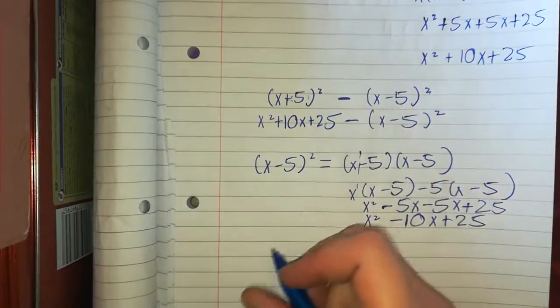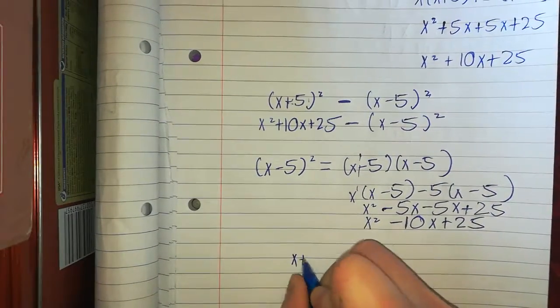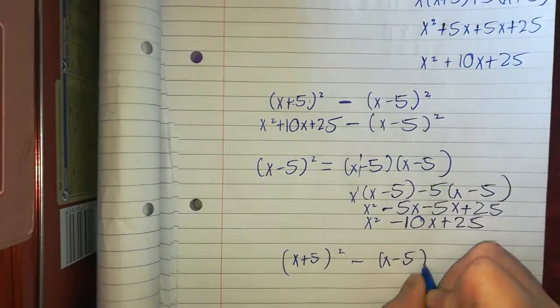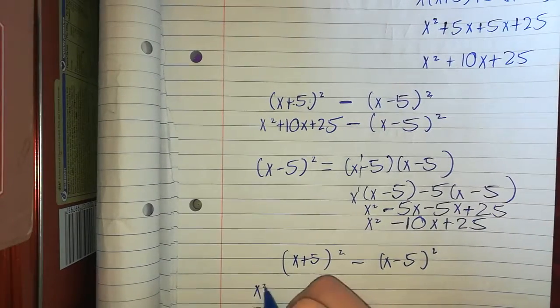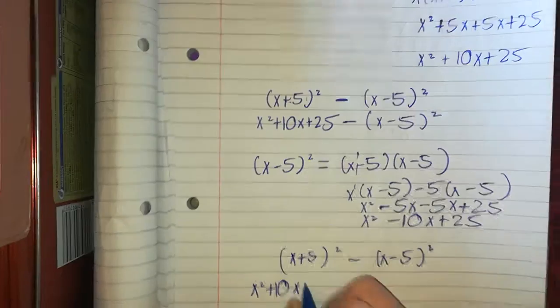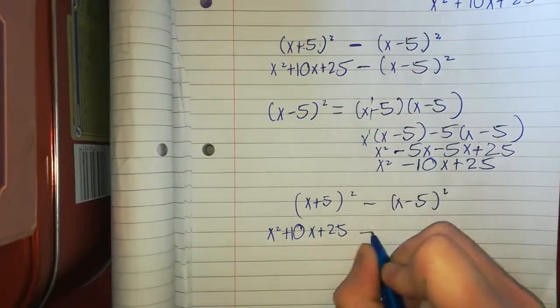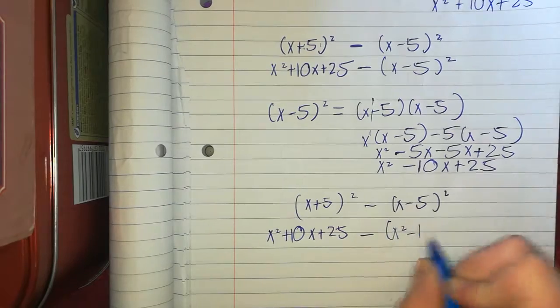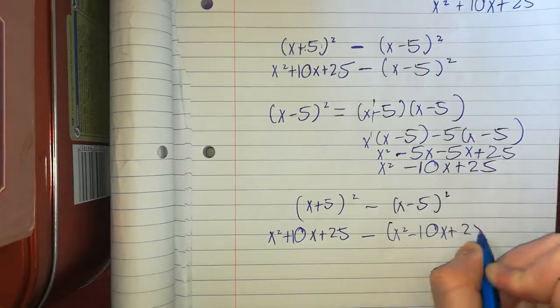So it's x plus 5 squared minus x minus 5 squared, so I'm going to do this out and subtract them. The first one is x squared plus 10x plus 25, which we got from the previous answer already, and then it's minus whatever the other one is, so minus x squared minus 10x plus 25.